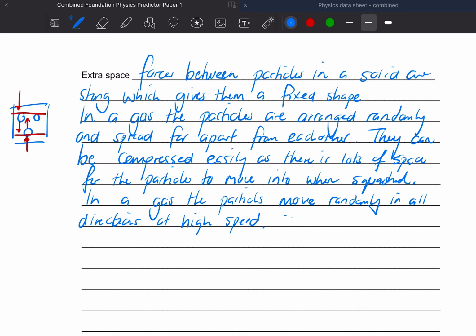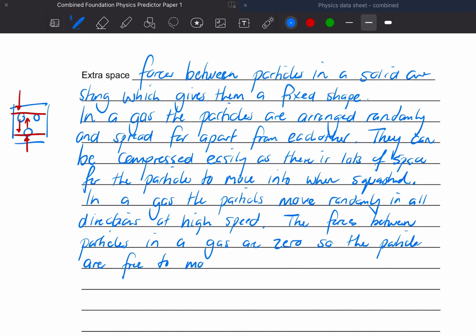So the forces between particles in a gas are 0. So the particles are free to move apart and fill their container.